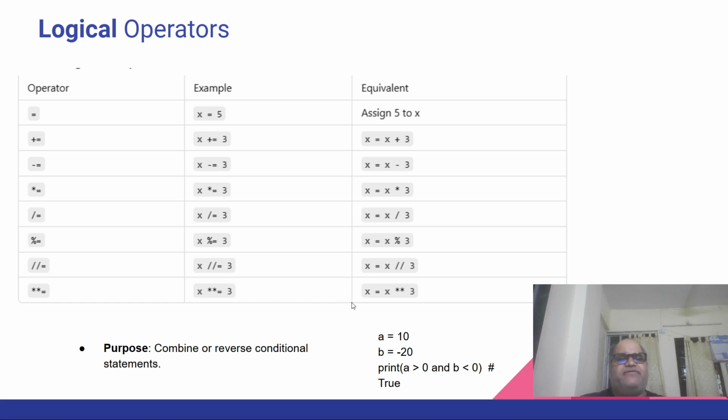Logical operators, on the other hand, are essential when dealing with conditional statements. They help us combine multiple conditions together. For example, the AND operator requires all conditions to be true, while OR only requires one condition to be true, and NOT negates the condition.